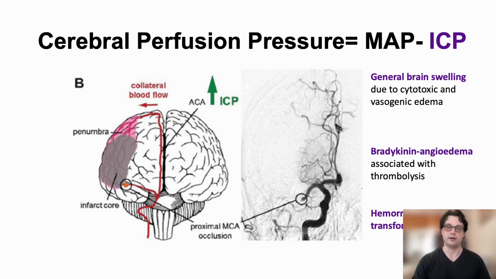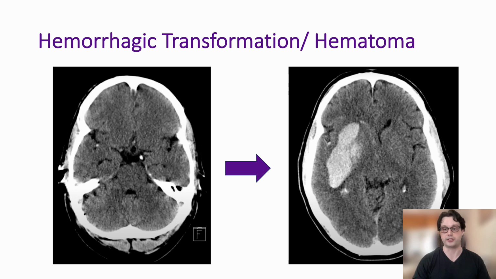And lastly, within the 4 hours to a couple of days, there's a very strong chance of hemorrhagic transformation that will contribute to this intracranial pressure. So we want to know that if this intracranial pressure rises, we actually have a very delicate balance between the perfusion as well as the intracranial pressure that is rising within the skull.